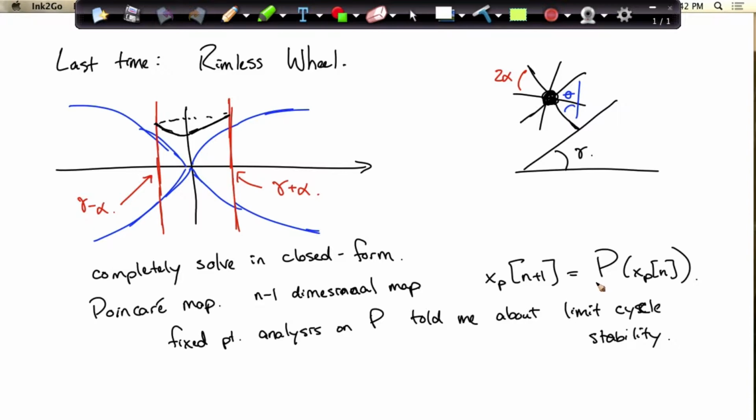In general, getting the solution of the system from going from one crossing of a surface of section to the next means integrating the equations of motion along some solution, and that's something that we typically can't do, right? We could only do it here because it was a passive system. We used conservation of energy, and it was trivial to do that. But in general, we can't do that. Okay, so what do you do if you can't write down P?